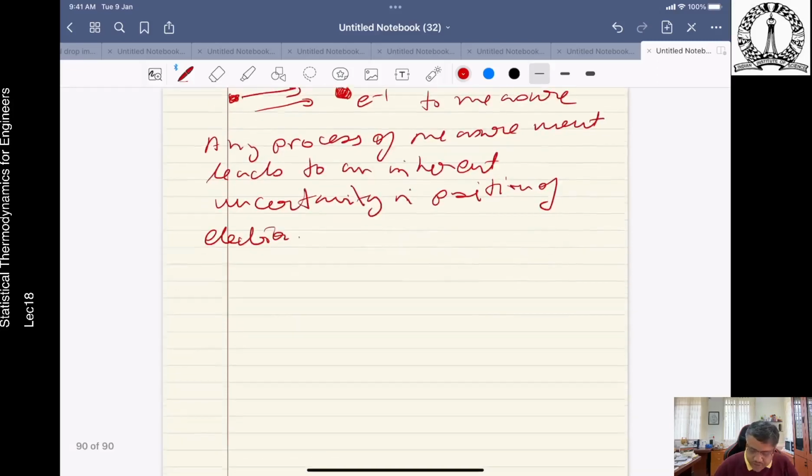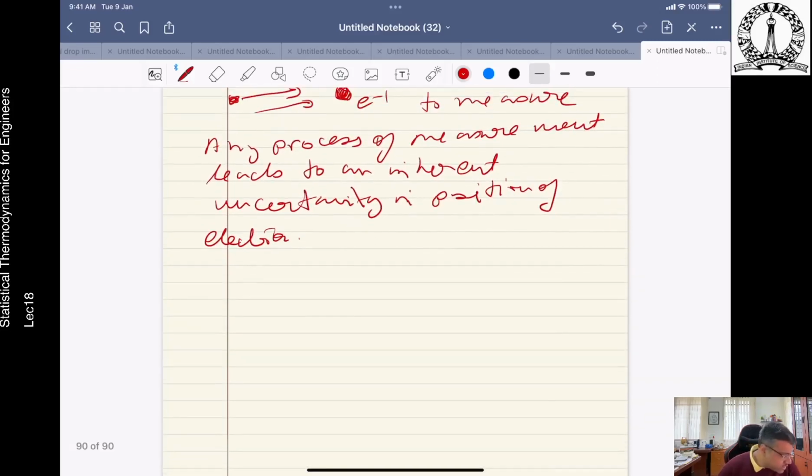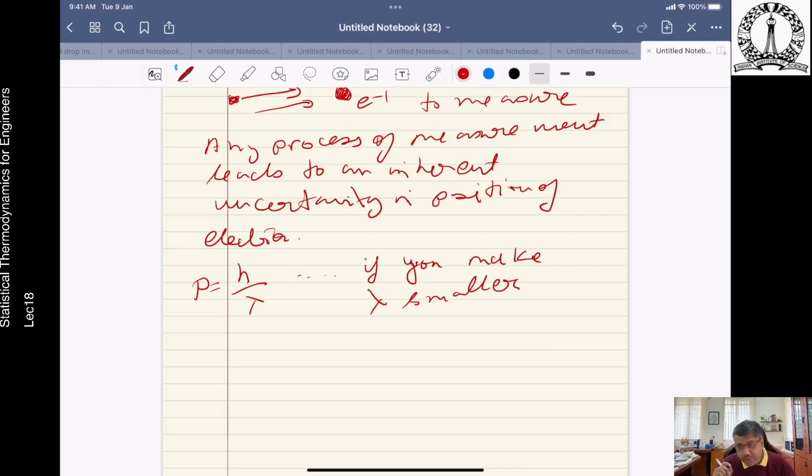If you look at the expression P is equal to h by lambda, P being the momentum, and you make lambda smaller, that means you progressively use light of smaller and smaller wavelength.